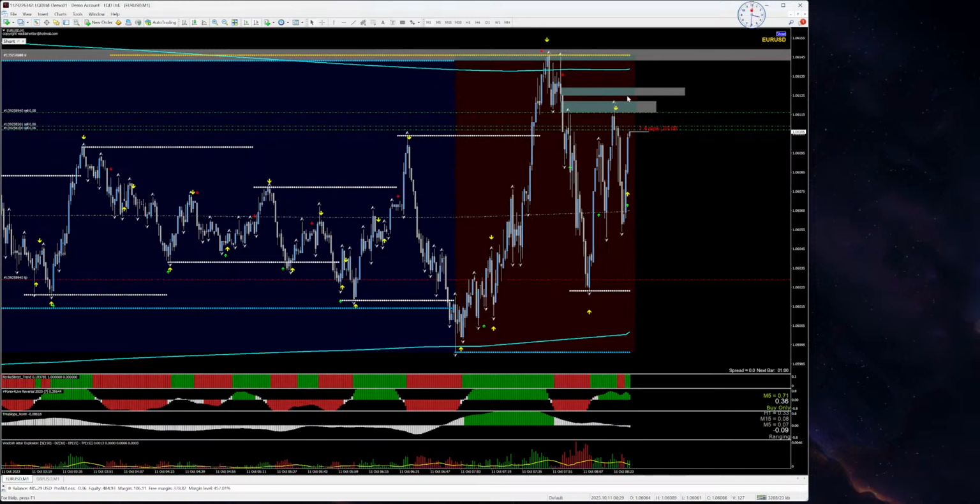Unless it wants to go into that fair value gap as well. Which either way it doesn't matter because the stop loss for both of them is up here, right above the candle. Well, I put it right on the top, so maybe I should put it a little bit higher.